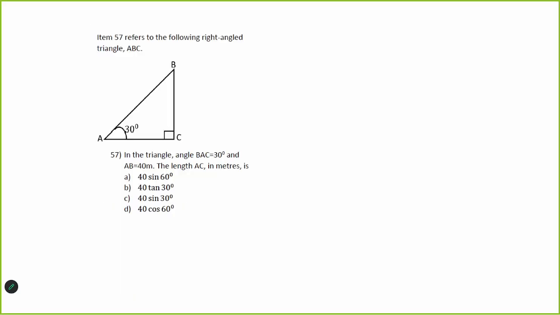Right, this one here, item 57 refers to the following right angle triangle ABC. In the triangle, angle BAC is 30 and AB is 40 centimeters. Calculate the length of AC. So we have your hypotenuse. This here will now be your adjacent. So adjacent is AC. Your hypotenuse is 40.